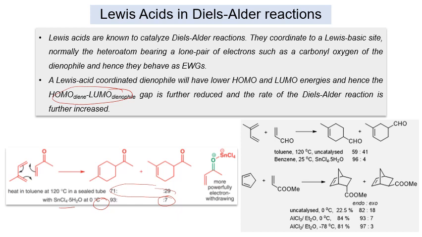Similarly, you can see here in these examples, once again tin tetrachloride has been used in this particular transformation, which is very similar to the transformation that we are seeing on your left. On the other hand, this particular one gives you a measure of endo versus exo ratio when this is done with Lewis acid conditions.